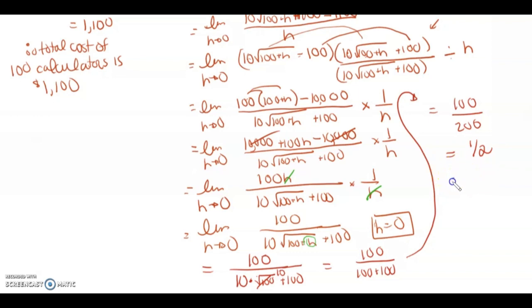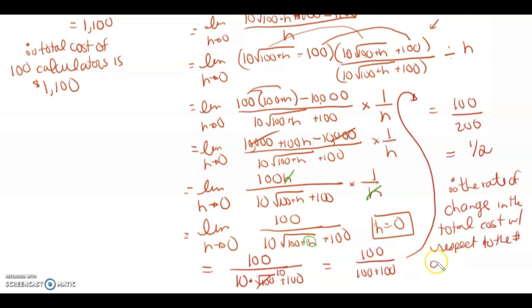So we can say, therefore, the rate of change in the total cost with respect to the number of calculators produced is 1 over 2.